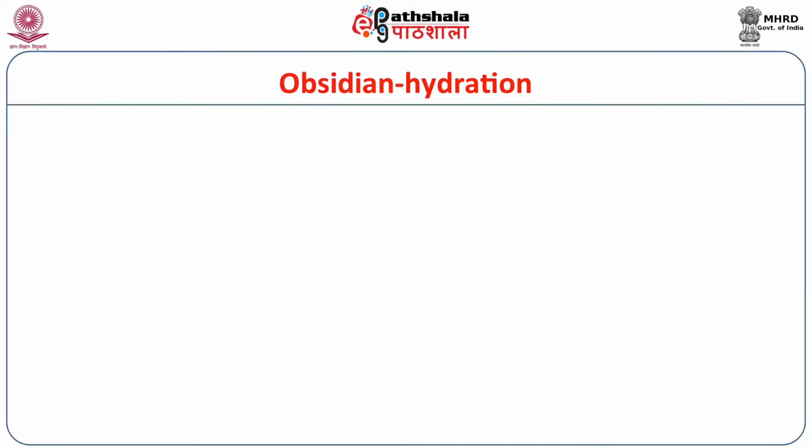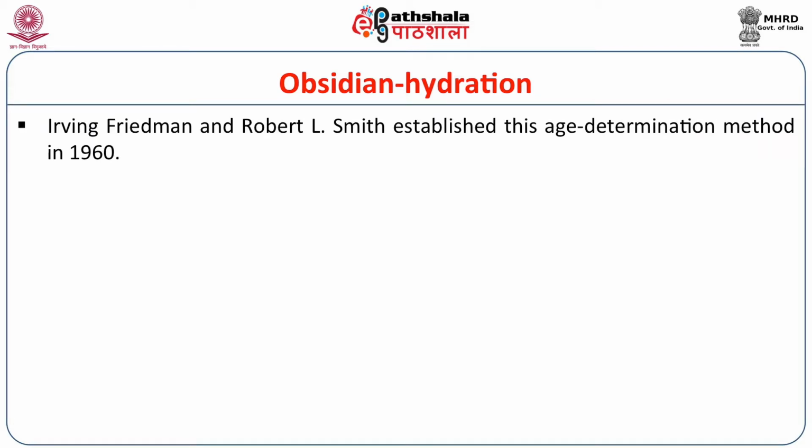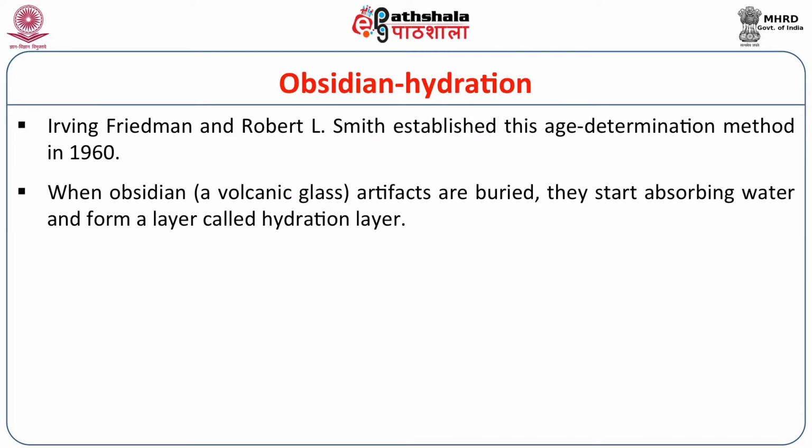And if you go to the obsidian hydration method, it was developed in 1960 by Irving Friedman and Robert L. Smith for age determination. Obsidian is a volcanic glass. When obsidian artifacts are buried, they start absorbing water from the soil, and they form a layer called the hydration layer.